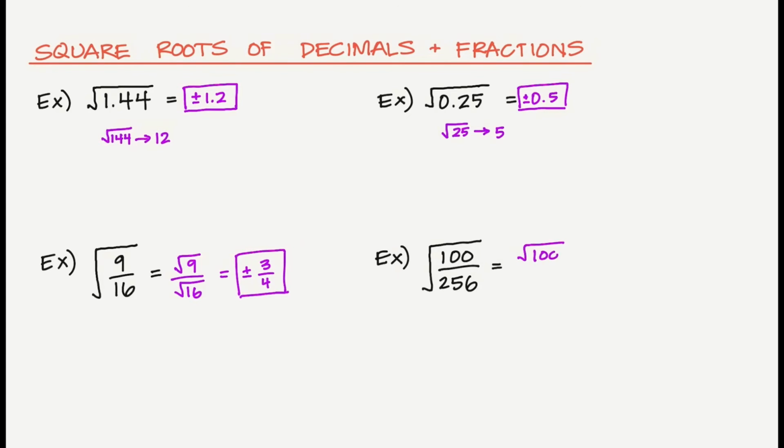Square root of 100 over square root of 256 leaves me with plus or minus 10 over 16. But that could still be simplified, so this is going to be plus or minus 5 over 8. And that's going to be my answer.